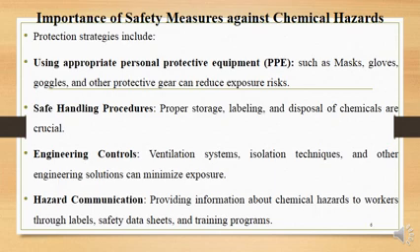Safe handling procedures: proper storage, labeling and disposal of chemicals are crucial. Engineering controls: ventilation systems, isolation techniques and other engineering solutions can minimize exposure. Hazard communication: providing information about chemical hazards to workers through labels, safety data sheets and training programs.